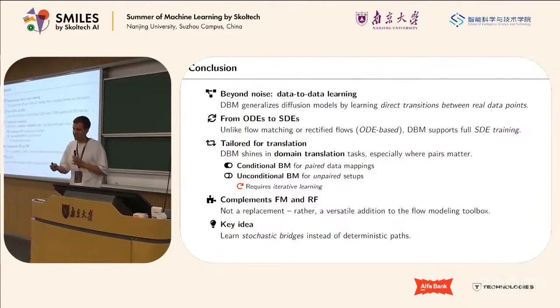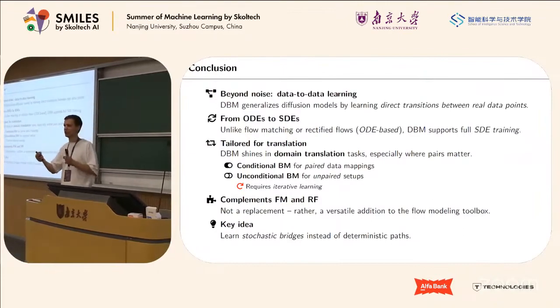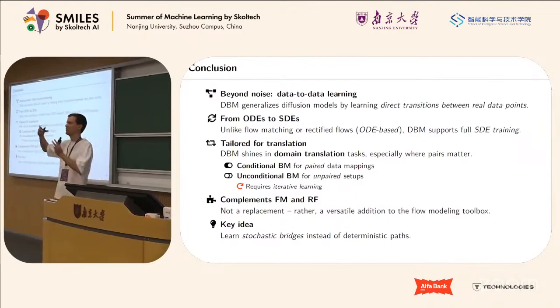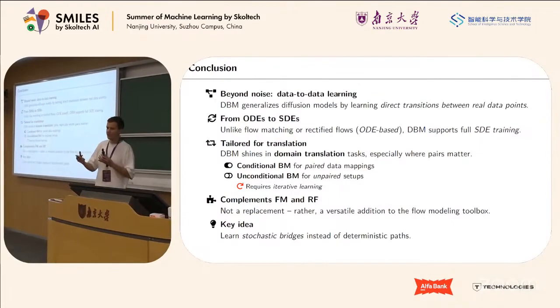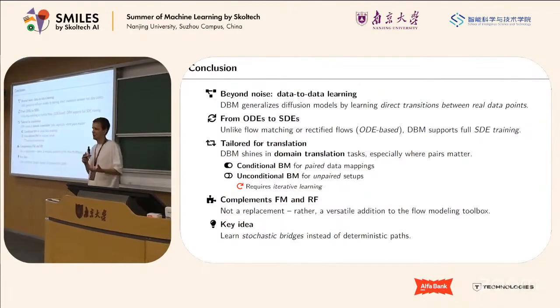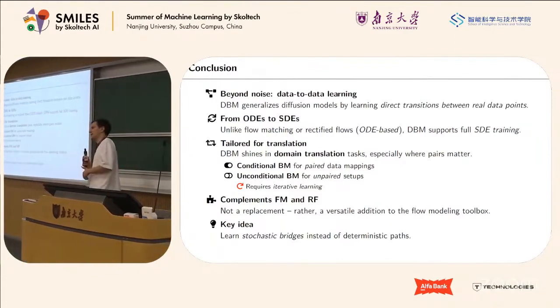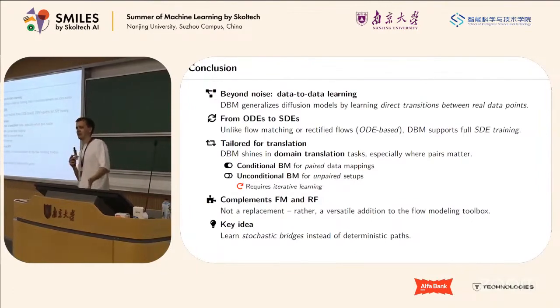And bridge matching, because it kind of artificially inserts noise into the training process, as you connect points with some bridge, with some noise, usually works better when you talk about domain translation problems. So roughly speaking, diffusion bridge models can be considered as a specific extension of flow matching designed for domain translation problems.